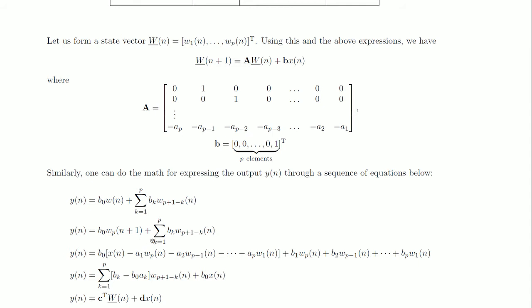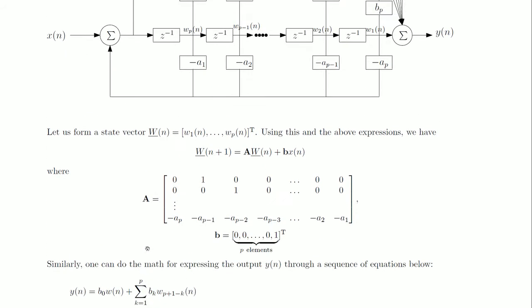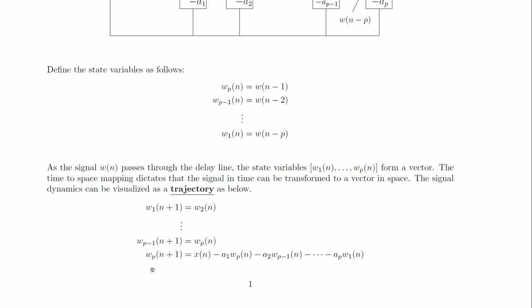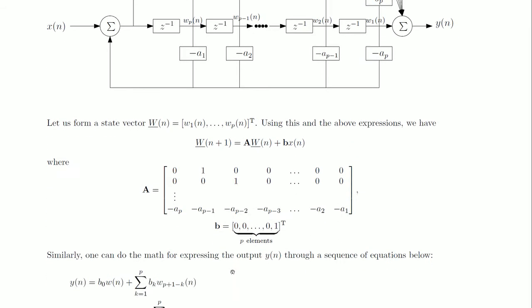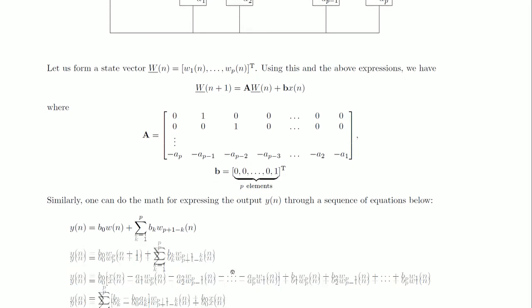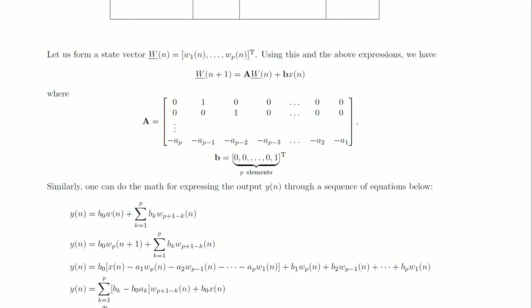Now, we use W_p(n+1) that we derived earlier, which relates x(n) and the rest of the parameters. So, once we do that, y(n) is basically b0 times x(n) minus a1 W_p(n), minus a2 W_{p-1}(n), so on till a_p W_1(n), plus all the rest of the terms that you have from this summation.